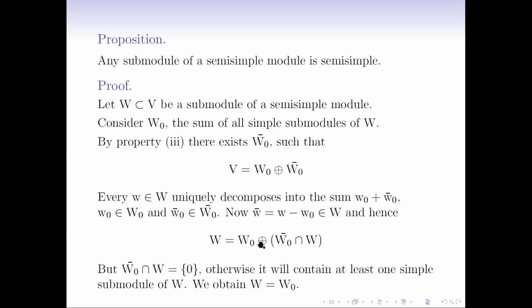And why is it a direct sum? Because the intersection of W0 and W0 bar is, sorry, is 0. It means that the intersection of W0 and the intersection of W0 bar and W is also 0. So the sum is direct. The decomposition of W into the sum of W0 plus W0 bar intersected with W is unique.